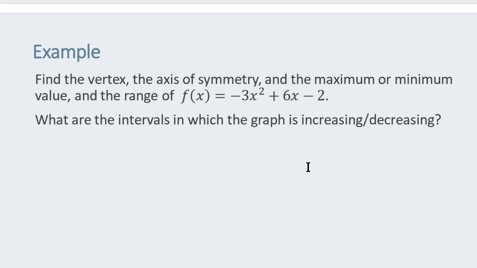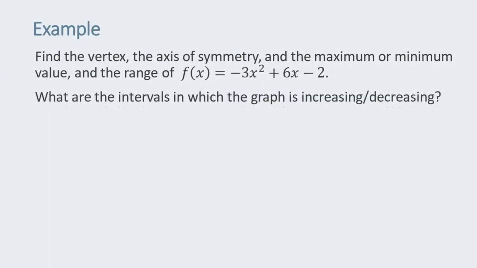Here's an example of a quadratic. We know that this function is going to be facing down, and we know that because there's a negative sign in front, right? We want to find the vertex, the axis of symmetry, and then a maximum or minimum point. So we can just get kind of a rough graph.